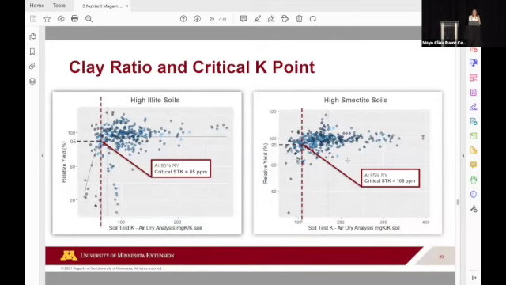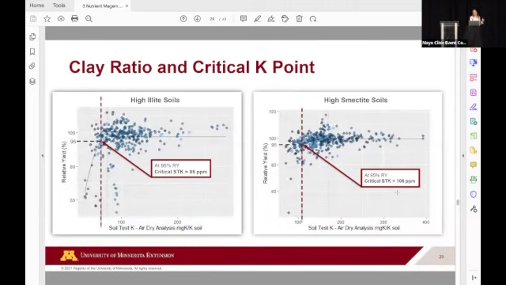So what we can learn is, if we look at our critical soil test level, for our illite soils, the critical soil test level was 85 parts per million. And in the high smectite soils, the critical soil test level was 106 parts per million. So this would be the point where we flip, where we would start considering this a high testing soil.